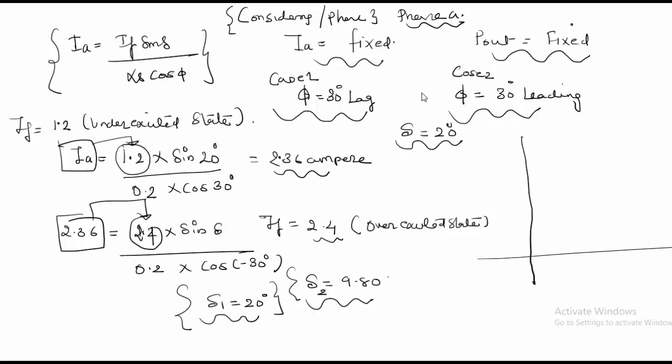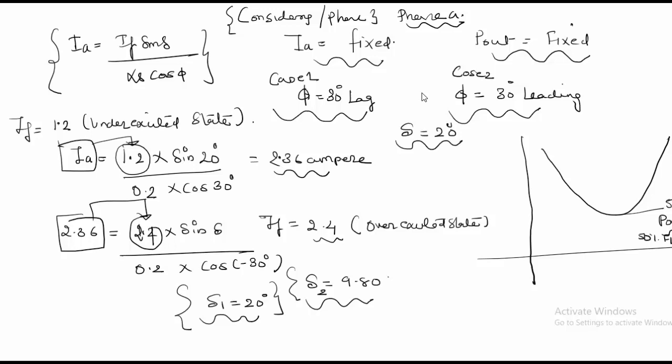If I consider the state where my machine is loaded to 50%, then this loading of 50% is the power output I have kept constant, equal to 50% of full load.